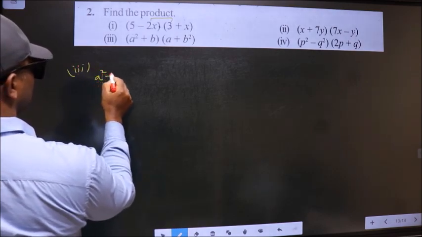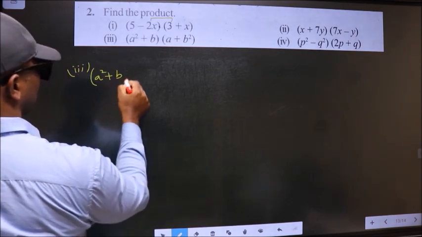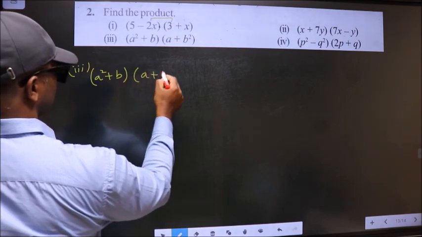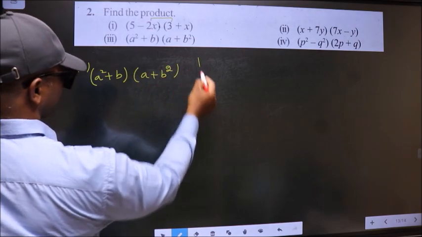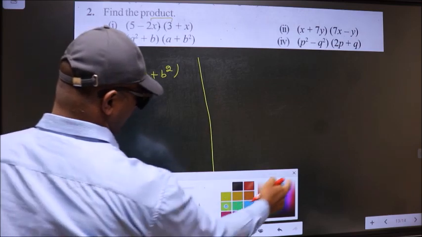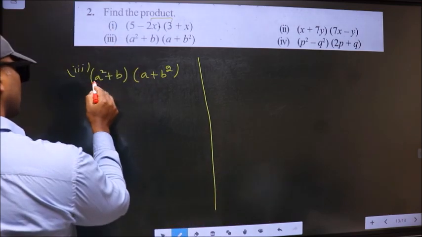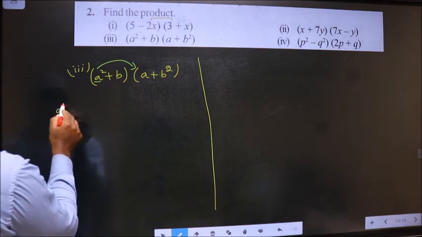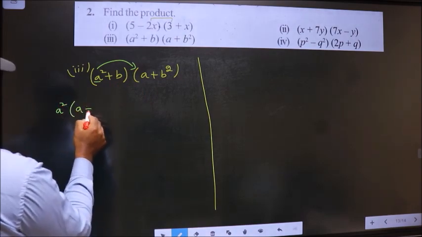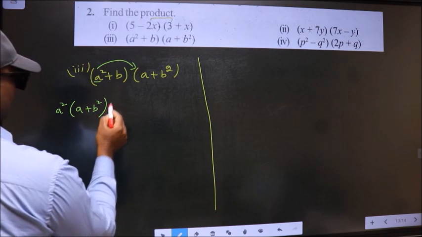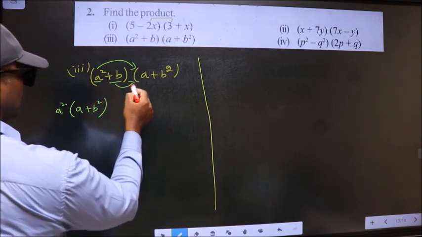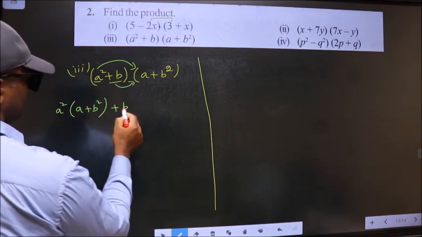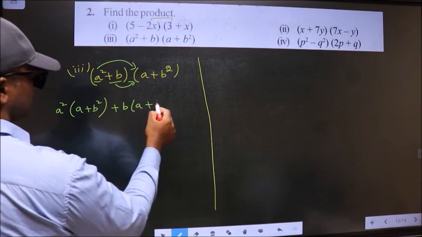Next, third bit. (a² + b)(a + b²). First, with a square we should multiply this bracket, that is a square into (a + b²). Now with plus b we should multiply this bracket, plus b into (a + b²).